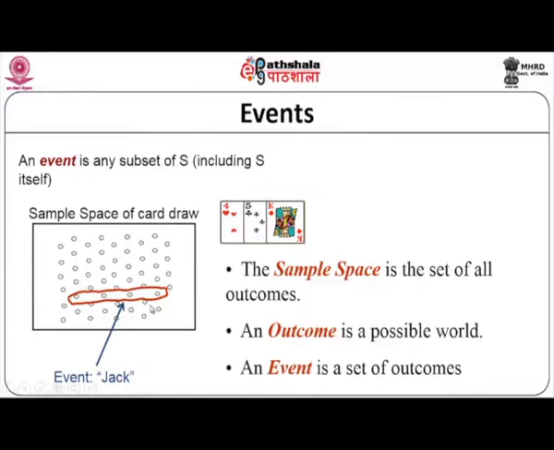For example, in this scenario, it can be an event where we are selecting a card associated with jack. These 4 outcomes which are part of my sample space will be treated as an event. So, a sample space is a set of outcomes. An outcome is actually a possible world, and an event is a set of outcomes.